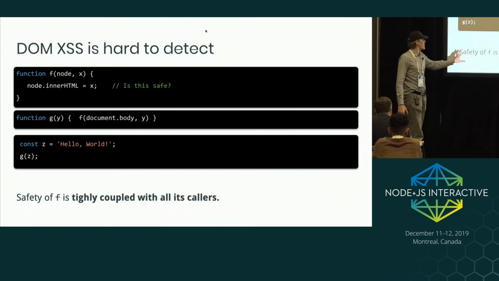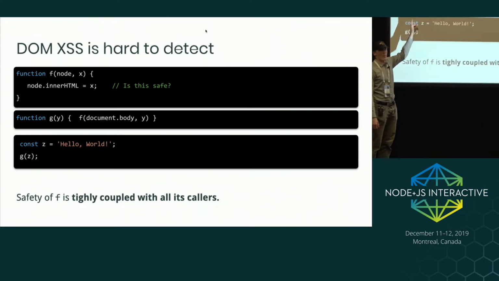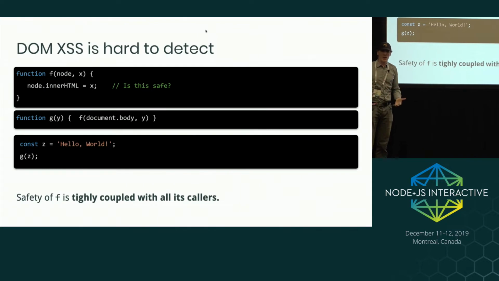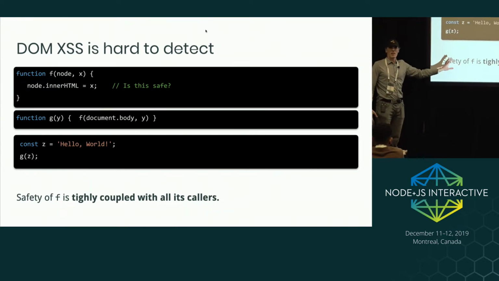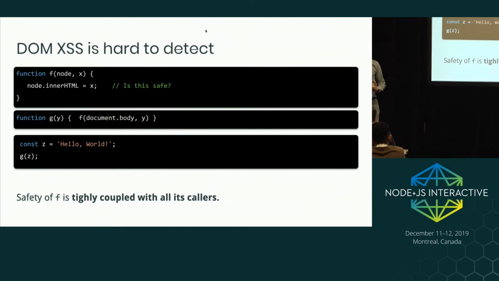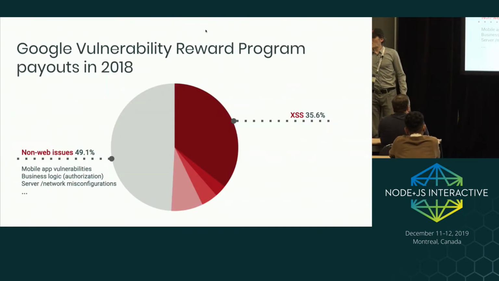The problem here is that we've got a use of f that uses a powerful DOM sink, innerHTML, but its security is tightly coupled with all of its callers, its present callers and its future callers. This means that security review is really hard to do. So, do you want to do that?